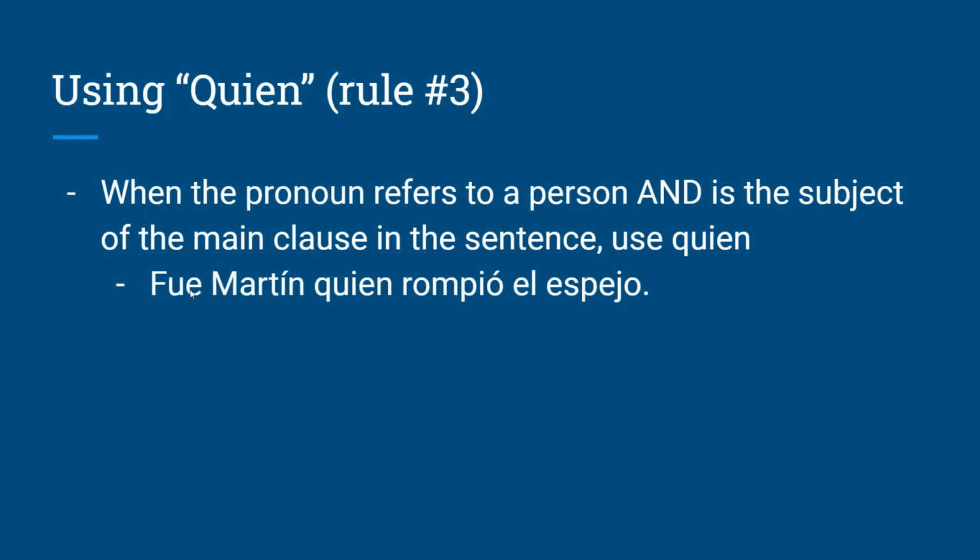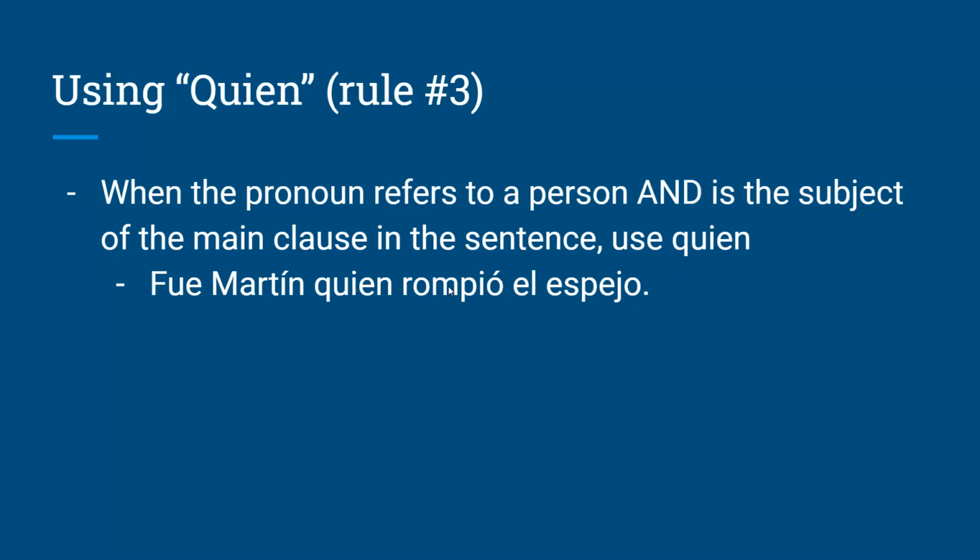So this sentence says, it was Martin who broke the mirror, okay? So what's going on here is you have, it was Martin. You have a verb here and a noun here, Martin. So Martin is the subject that goes with this verb, it was, okay? But that's not the main clause of the sentence. What we're worried about is who broke the mirror, okay?